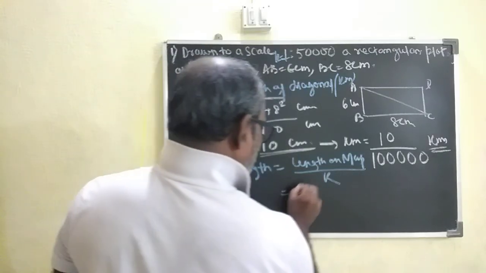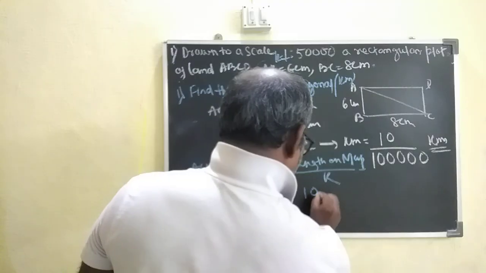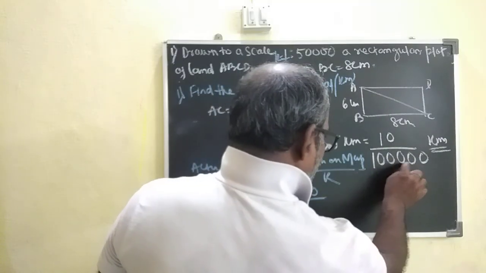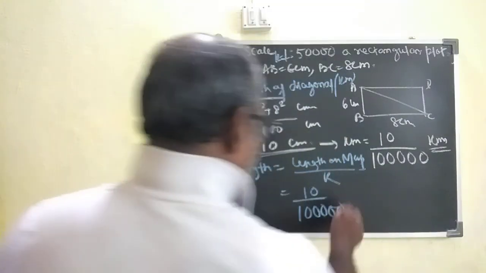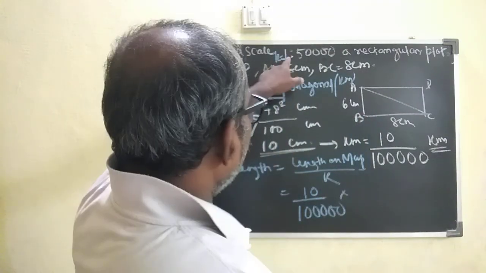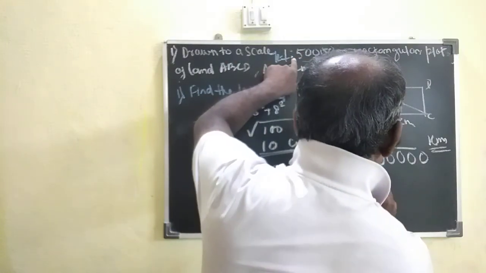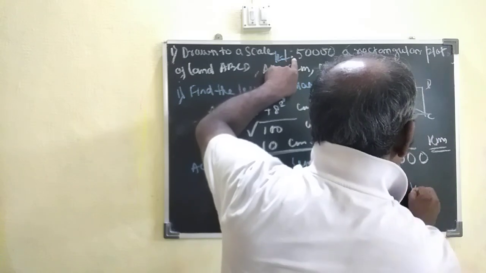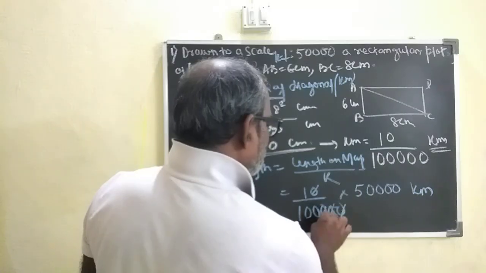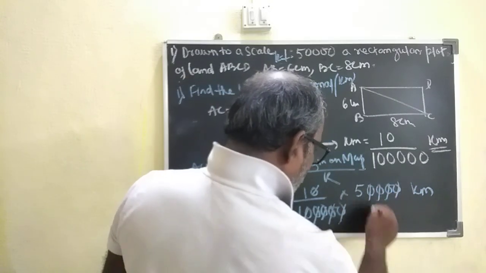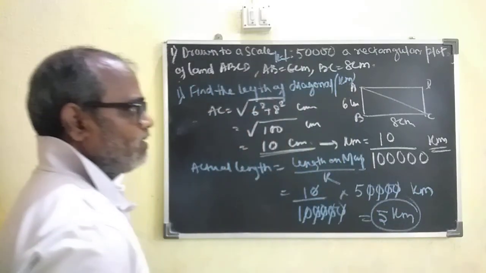So actual length equals the length on the map, 10 by 100000, into 1 by K. 1 by K means this gets reversed, that is into 50,000. Now let us cancel out the zeros. Your answer is 5 kilometer. So in this way you have to make the answer.